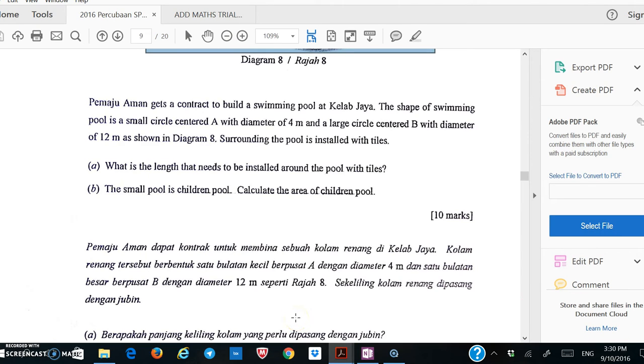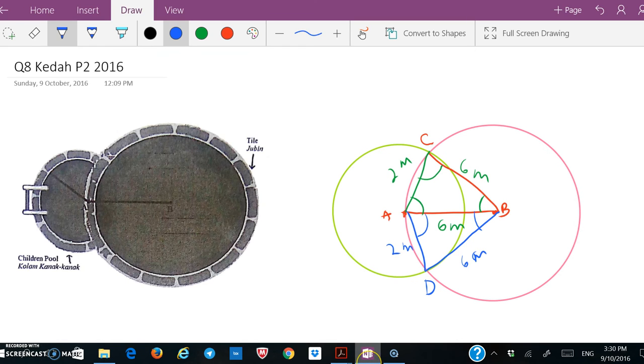Okay, so when you look at question 1, what is the length that needs to be installed around the pool with tiles? So we know that we need to use the formula of circumference and also the formula of length of arc. Obviously the tiles being put on the adults' pool are the total circumference, and the tiles being put on the children's pool are only the length of arc.